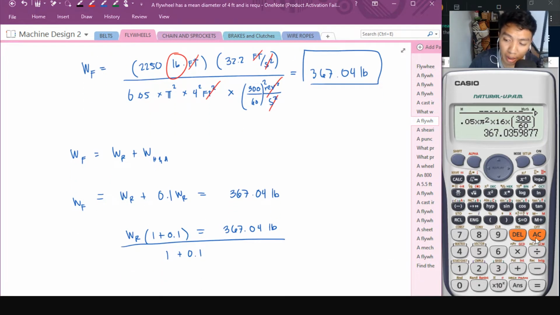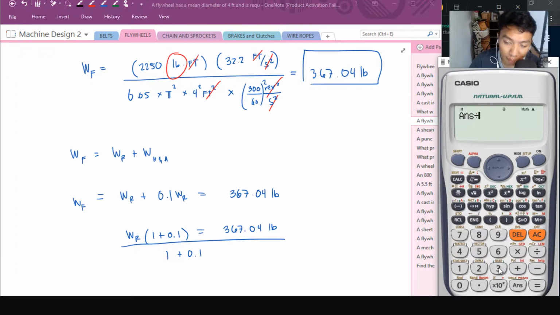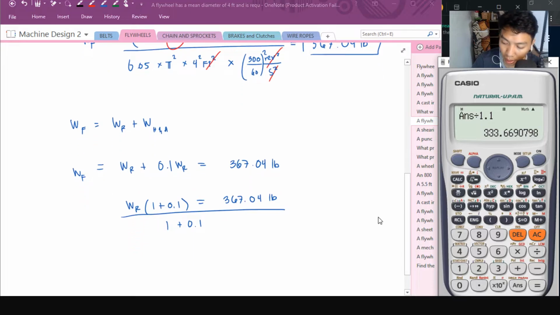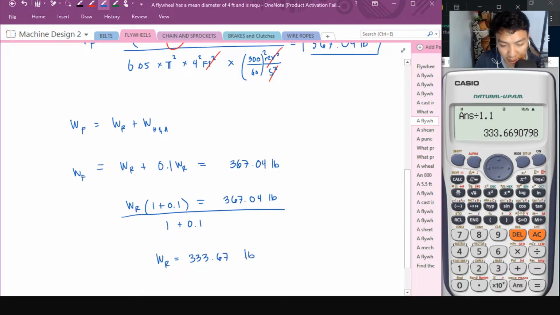So the answer is equal to 333.67 pounds. Yan yung weight of the rim. Basic lang. Okay? Next one.